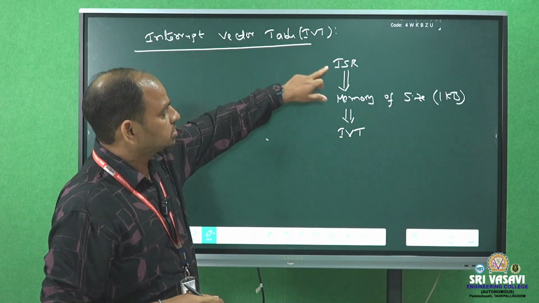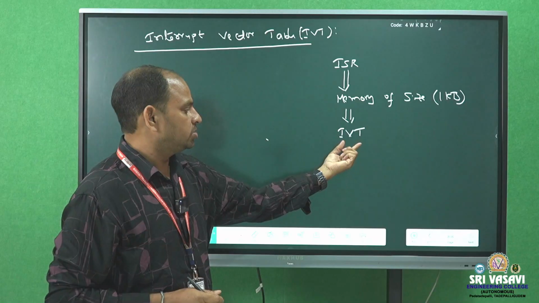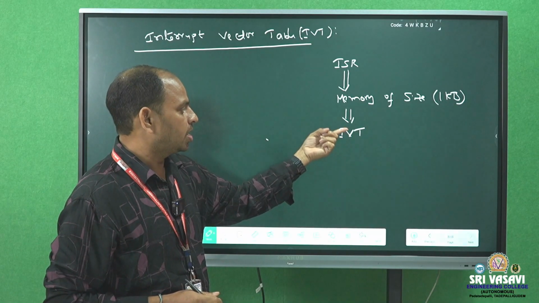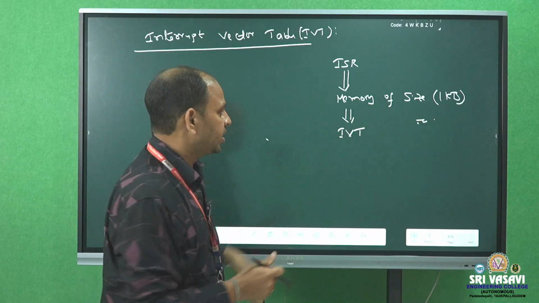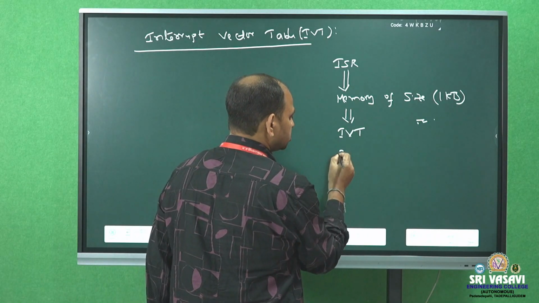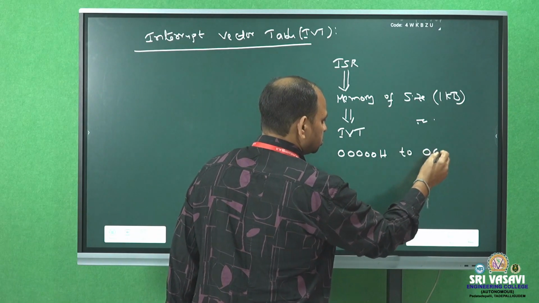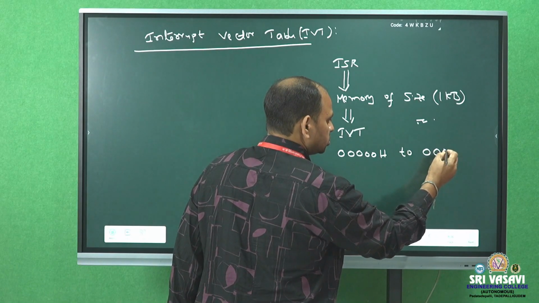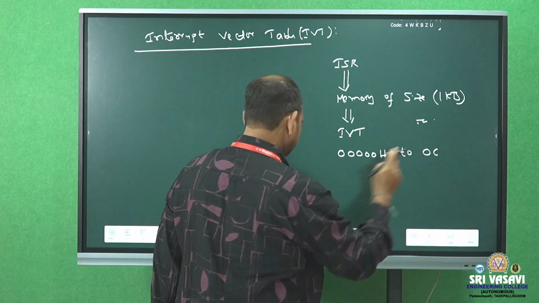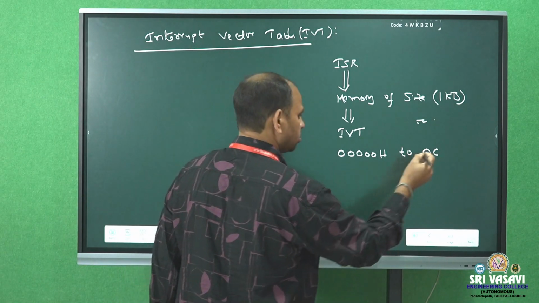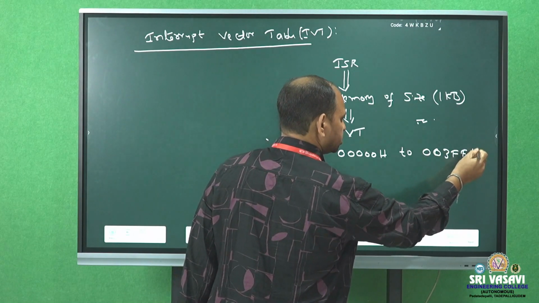That means the starting address of every ISR is stored in the table, and that table is called the interrupt vector table, whose size is 1 kilobyte. The address range of this memory is 000H to 3FFH.